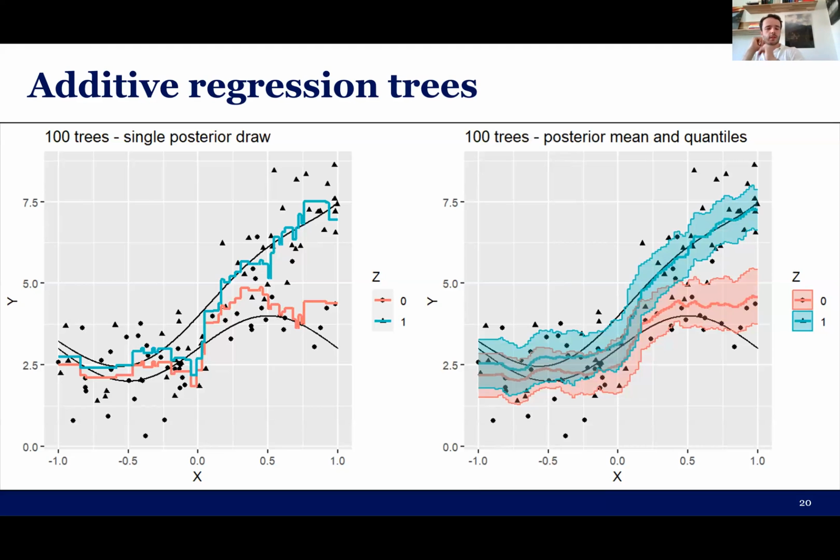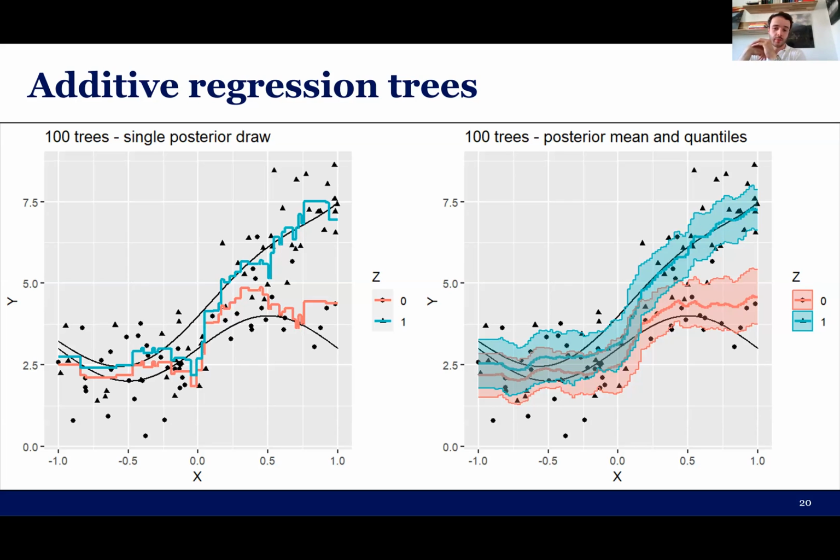So this is what it looks like after fitting the model, where on the left we simply have 2 posterior draws of the regression functions for each of the 2 treatment groups, and we get this very wiggly, discontinuous function. Now you can imagine if instead of 2 draws we had 2,000 draws, then we could collapse them into a posterior mean, and also get quantiles and treat these as credible intervals or credible bands.